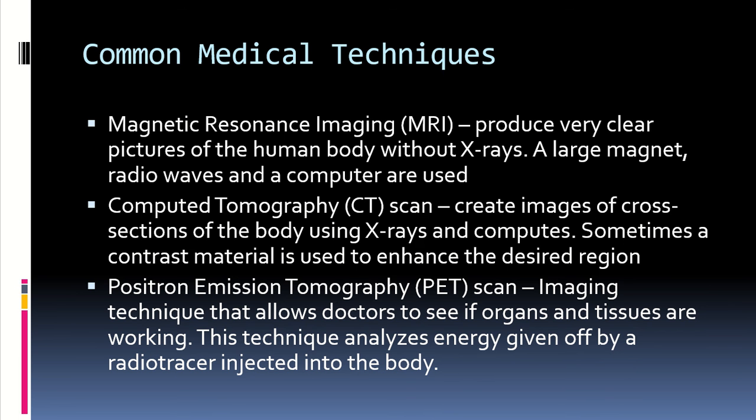And I'm going to say it once again, MRI and CT scans only will give a medical professional physical structural information, the physical layout of, say, the brain. Positron emission tomography, PET scans, these give much different information.